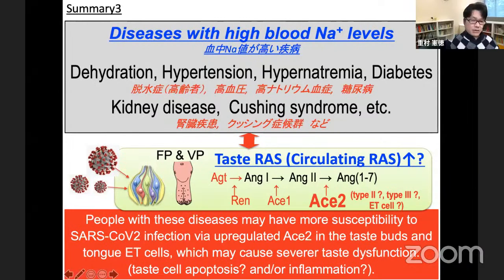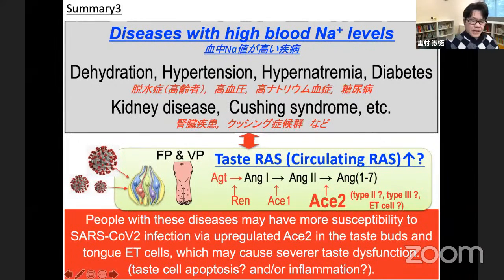Thus, it's also suggested that the circulating renin-angiotensin system and the taste renin-angiotensin system may be upregulated in patients with these diseases.